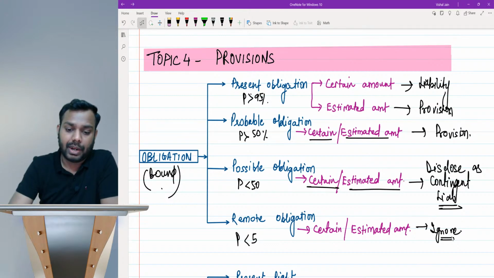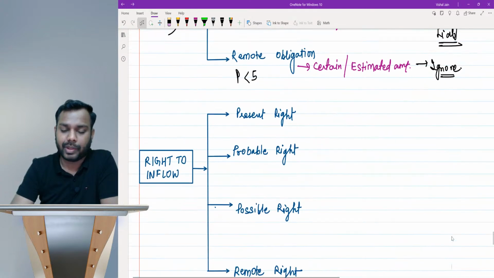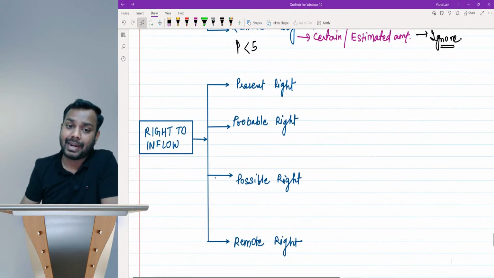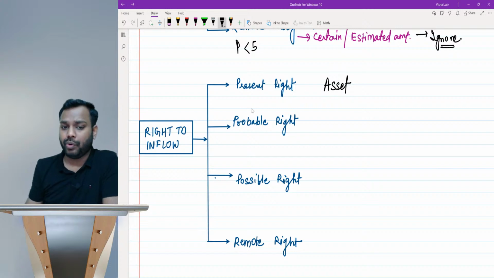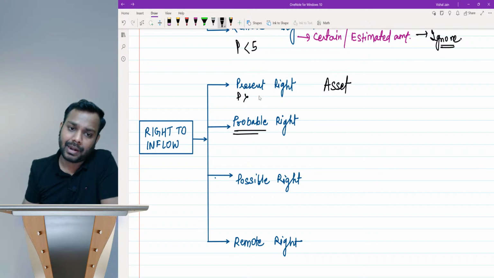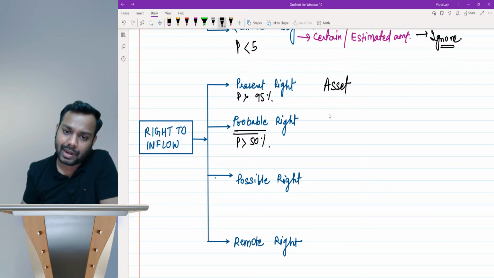Fair enough. Now let's see the inflow also, the right to inflow. If there is a present right to inflow, we will record it as an asset. If the right to inflow is probable, with probability greater than 50%, we record it as a contingent asset.